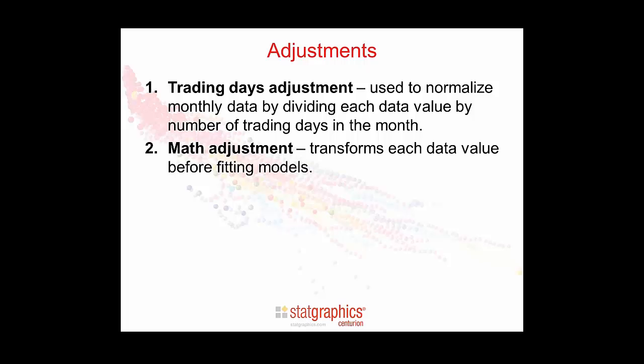It'll fit the models to the square roots, generate the forecasts for the square roots, but then invert the transformation to give me back data in the original metric. So basically, it'll take a square root, fit a model, get forecasts, and then square the forecasts to give me forecasts for the original values. And there are various types of math adjustments we allow.